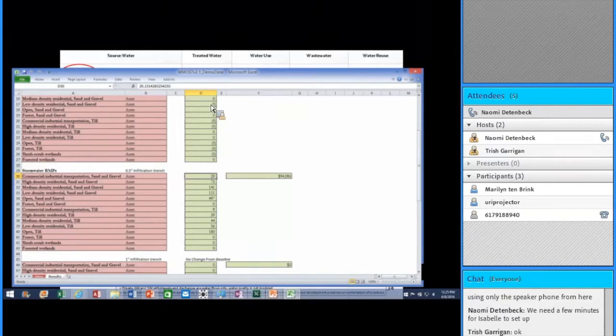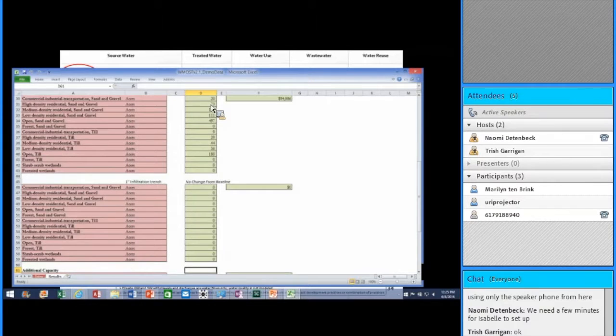This gives us the number of acres on which the stormwater BMPs were implemented. Basically, it implemented on what seems to be pretty much all of the developed areas received some kind of infiltration trench treatment. This is the cost that's calculated for this level of implementation.